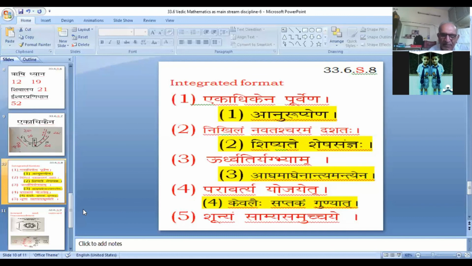Likewise, the gap between Ganita Sutra 2 and Ganita Sutra 3 is bridged by Ganita Sutra 2. The gap between Ganita Sutra 3 and Ganita Sutra 4 is bridged by Ganita Sutra 3, and the gap between Ganita Sutra 4 and 5 is bridged by Ganita Sutra 4.